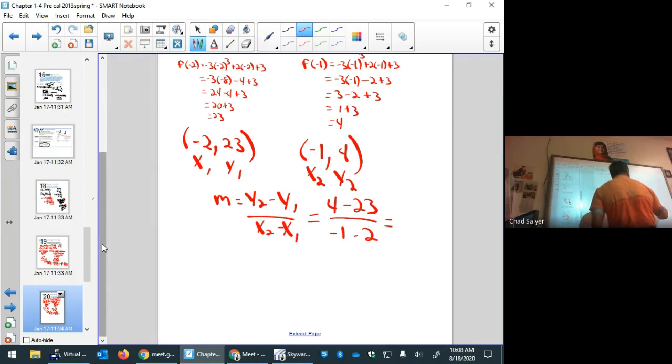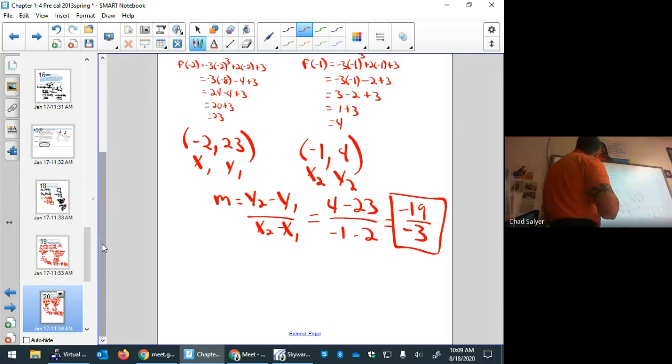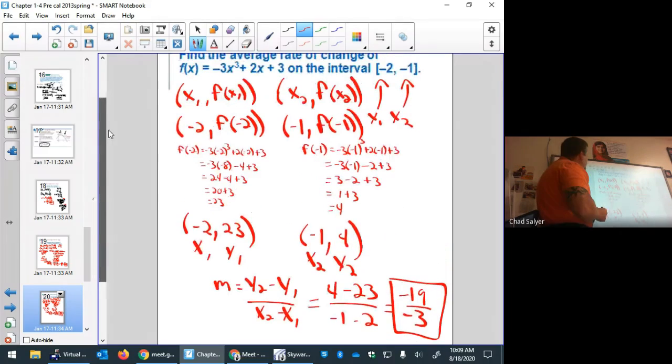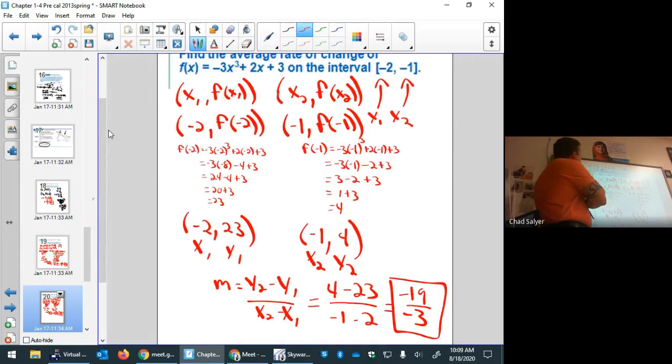And so that's -19 over -3, which doesn't reduce. Let me just double check all my work here. Looks good. Okay.